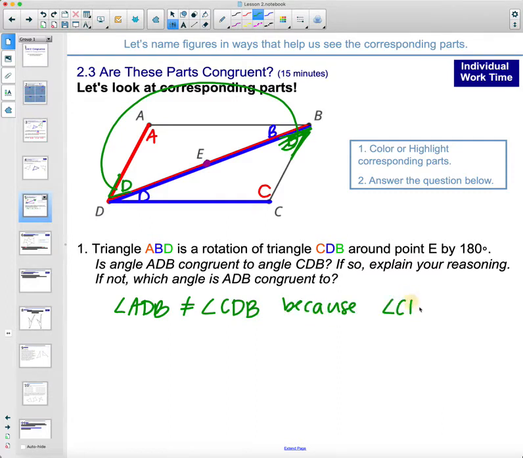Angle CDB is not the image of angle ABD. Unless these two angles started equal, they wouldn't be equal on the rotation.